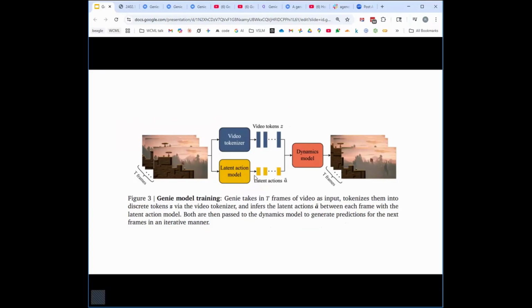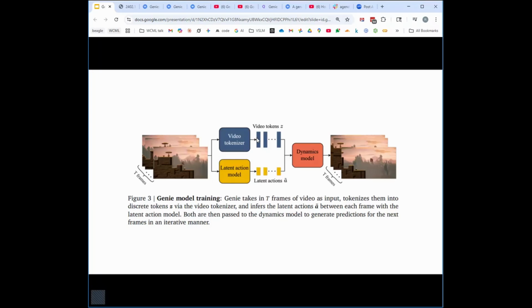And they also feed it the action, let's pretend we knew what the action was. Now we don't, and we'll talk about how they fill that in, but let's pretend we had access to the action between each one of these frames in these games.